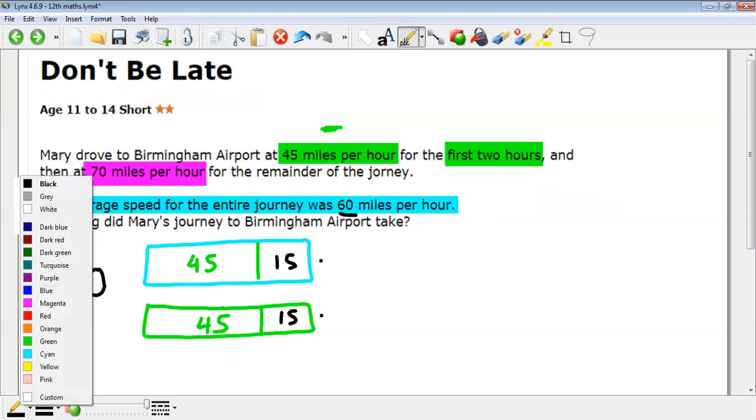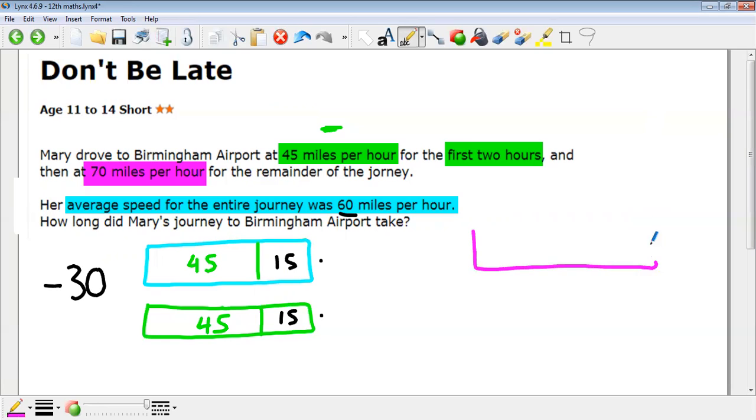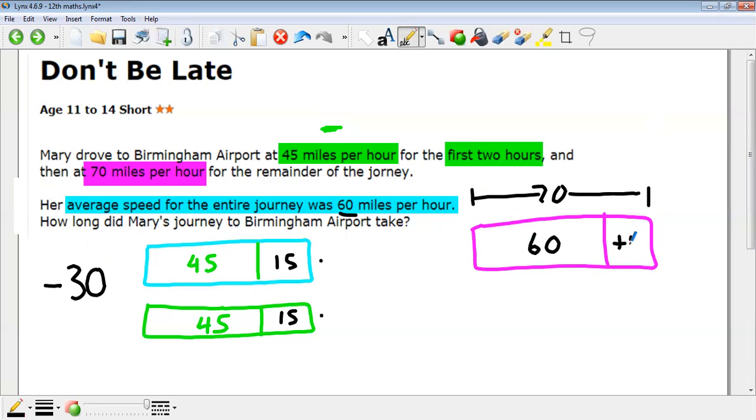Then we need to look at what this 70 miles an hour actually looks like compared to 60. 70 would look like 60, but then plus 10.